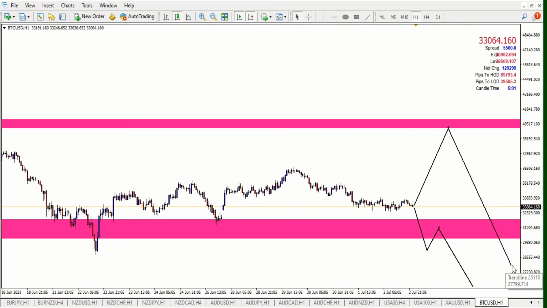Okay, I'm still on a downward bias for Bitcoin. However, if it does break through this resistance at the top there, then I will maybe be looking to take the bullish side. Okay, so that's what I'm looking for on Bitcoin USD.